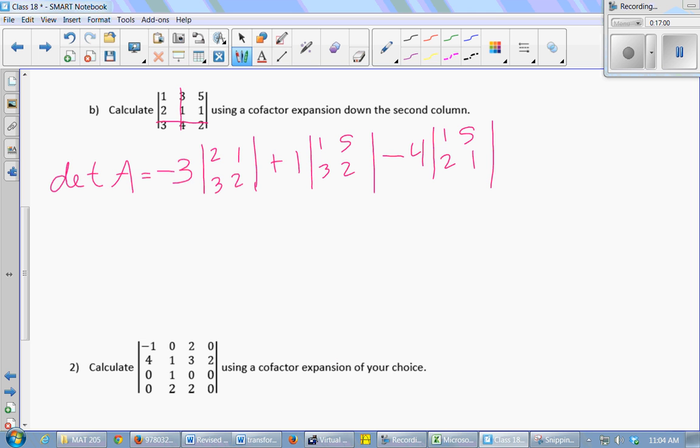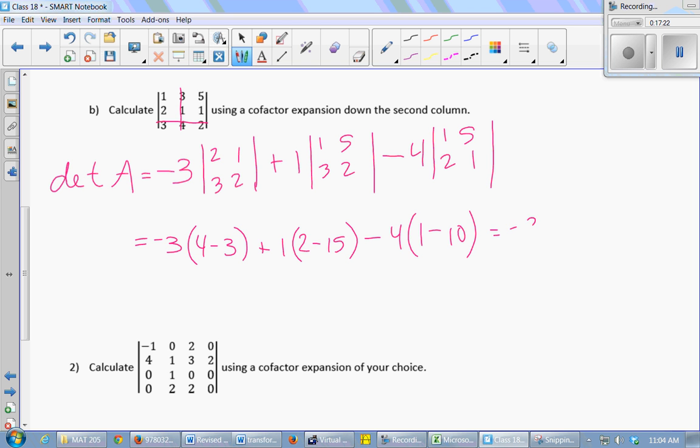And now I just have a bunch of 2 by 2 determinants to calculate. So this is going to be negative 3 times 4 minus 3, plus 1 times 2 minus 15, minus 4 times 1 minus 10.